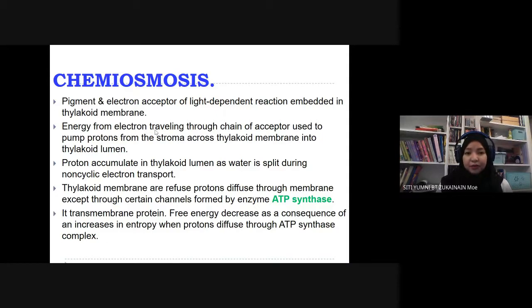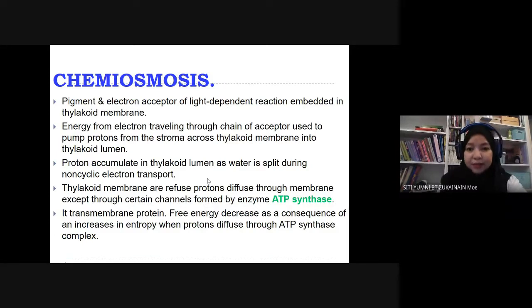Energy from electrons traveling through the chain of acceptors is used to pump protons from the stroma across the thylakoid membrane into the thylakoid lumen. The stroma has a lower hydrogen concentration, while the thylakoid lumen has a higher hydrogen concentration. So protons accumulate in the thylakoid lumen.